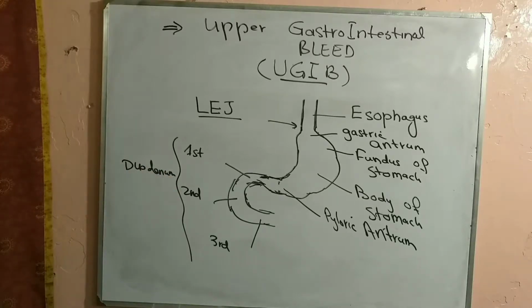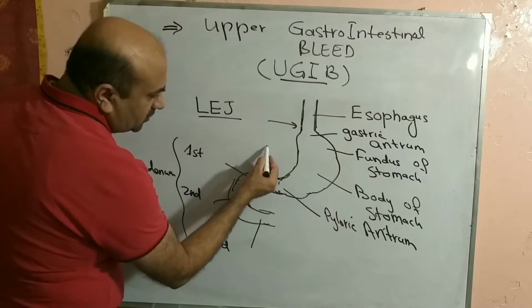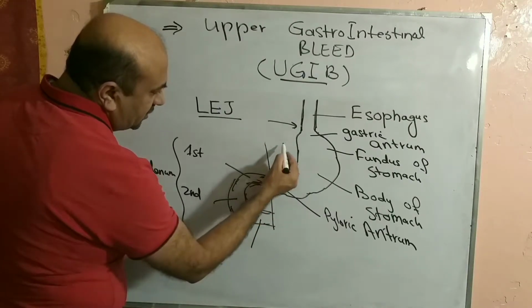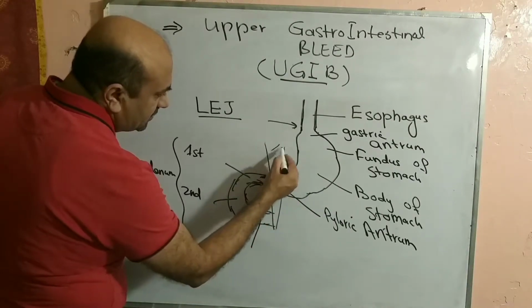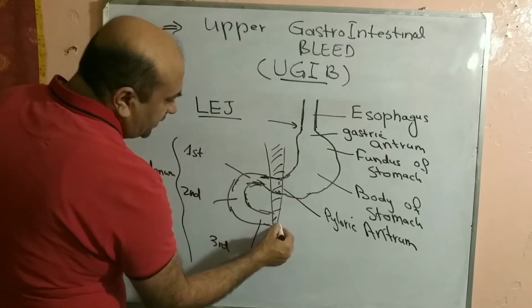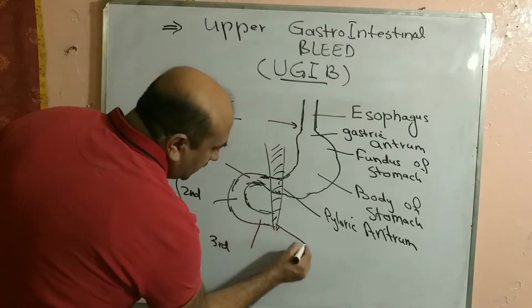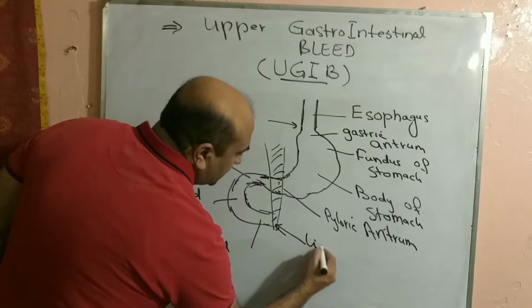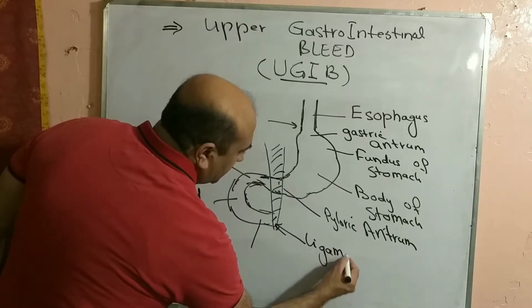Now, the ligament of Treitz is actually attached here as a suspensory ligament. The ligament of Treitz is attached to the last part of the duodenum, near the second and third part of the duodenum.